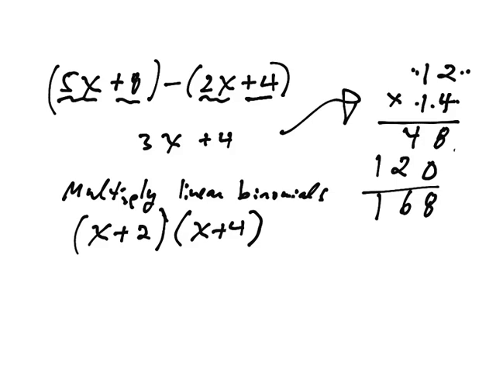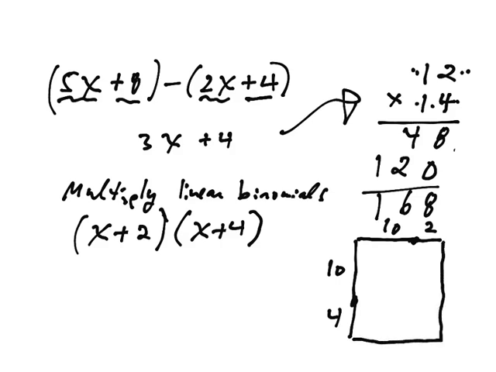If you watched my multiplication video, I might have shown you what's called the area model, where if we think of 12 as 10 plus 2 and 14 as 10 plus 4, the area of this rectangle would be whatever 12 times 14 is.